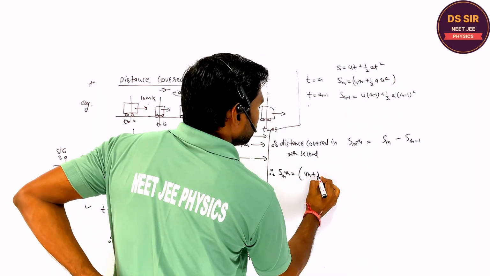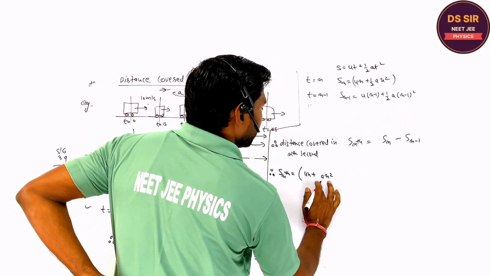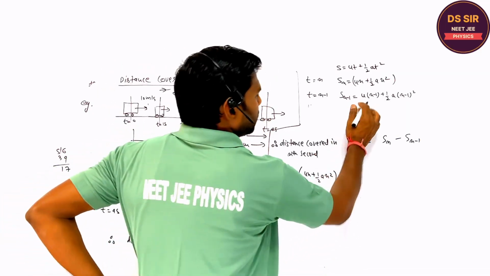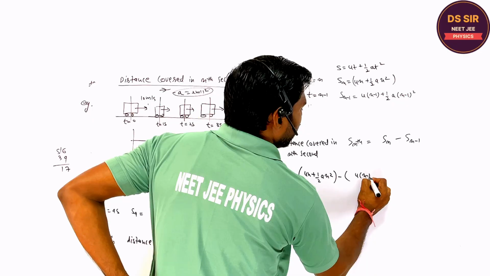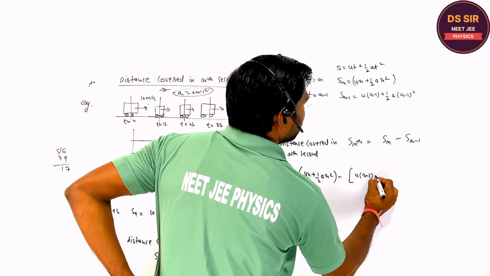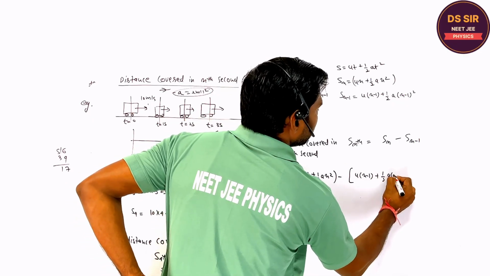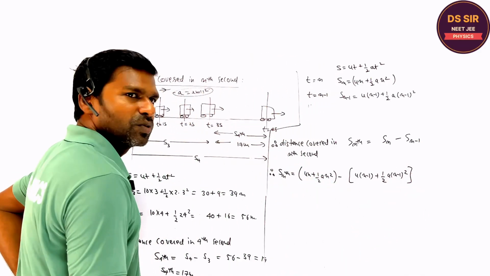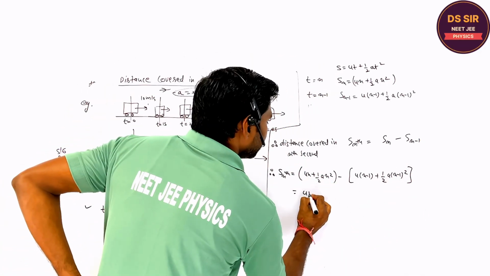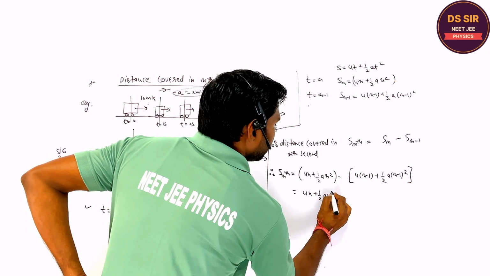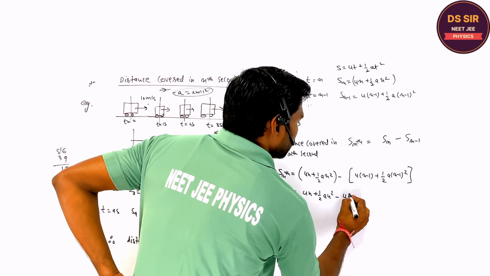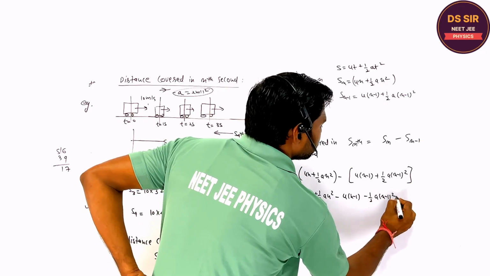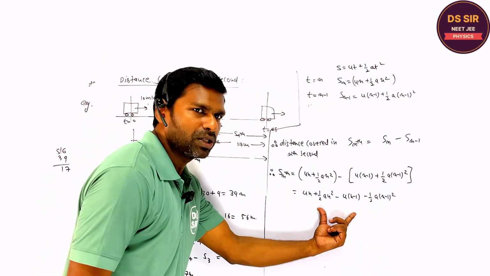Say un plus half a n square. Fine. Minus. What is Sn minus 1? Say u into n minus 1 plus half a into n minus 1 whole square. Fine. So you may write it as un plus half a n square minus u into n minus 1 minus half a into n minus 1 whole square. Are you getting the calculation, Vrinda?